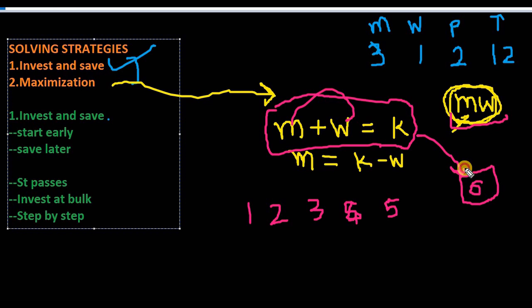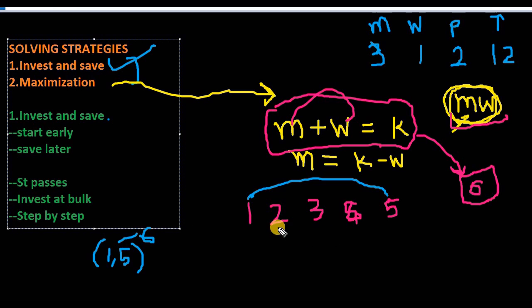So we can either go with 1 man and 5 machines, 2 men and 4 machines, or 3 men and 3 machines. If we go with 1 and 5, anyone can be anyone, like 1 can be machine or 1 can be worker and vice versa. That doesn't really matter. What really matters is that the total sum is 6.